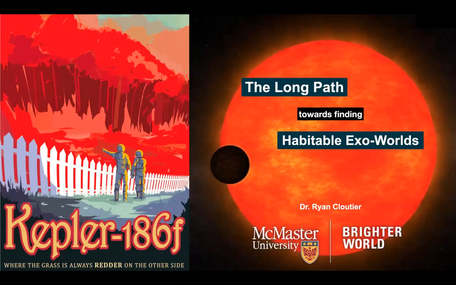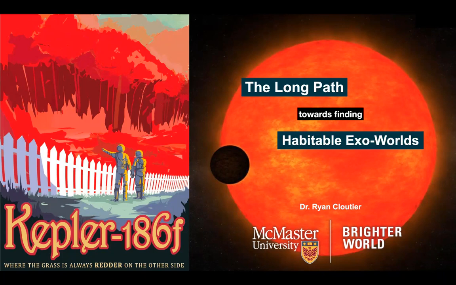All right. Very excited to be here to finally start talking to you about the long path towards finding habitable exoworlds. So myself, as Swapna said in the lovely introduction, I study these types of exoplanets, specifically the most common types of exoplanets that we actually have in our own galaxy.